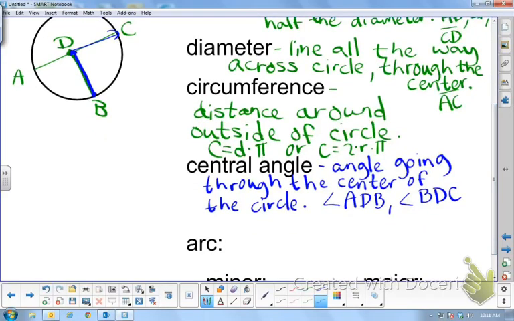And then arc. What do you think I mean by arc? Daniel's holding up his hands to form a piece of a circle. Okay. An arc is just a piece of a circle.